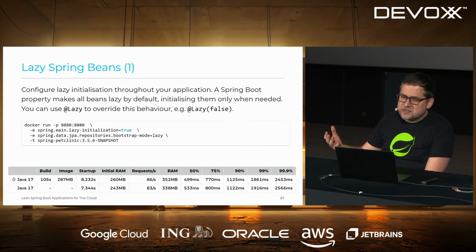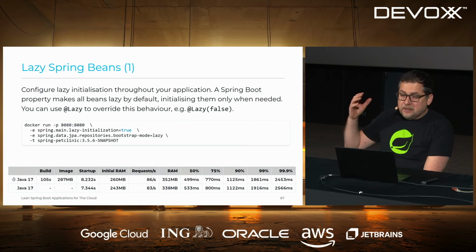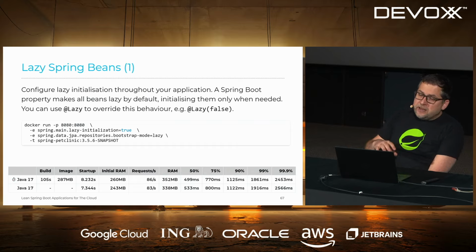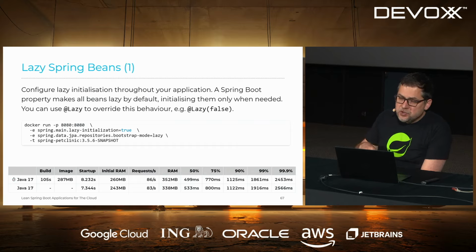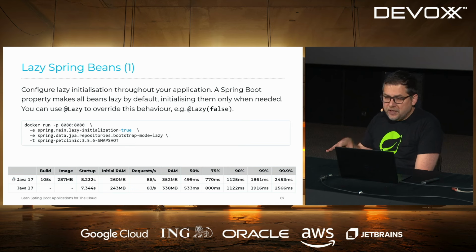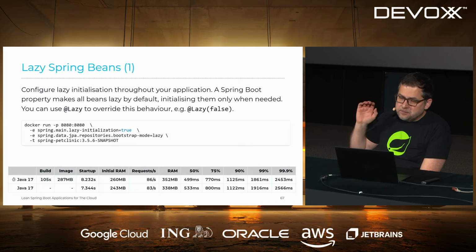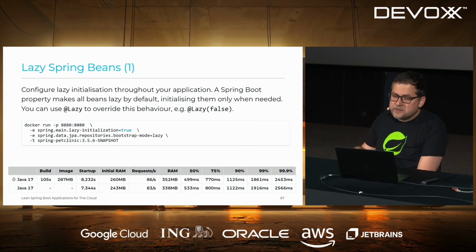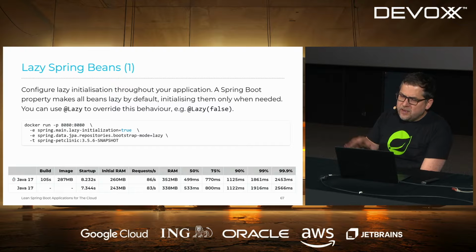Or you could actually say the first request gets super expensive, right? The second one, which is related in this case because the PetClinic uses Spring Data JPA, is lazy initializing JPA. You probably know it takes quite a while until Hibernate and therefore also Spring Data is initialized. And so I just turned it off.